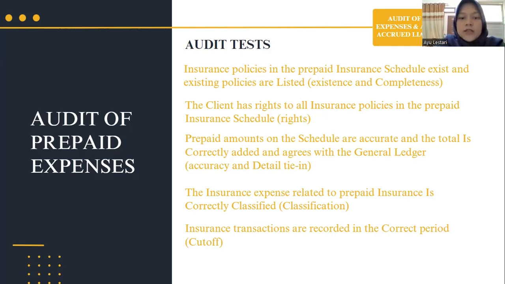And the last test is that insurance transactions are recorded in the correct period, or the cut-off test. In the test, actually, cut-off for acquisition of insurance is normally not a significant problem because of the small number of policies and the immateriality of the amount.